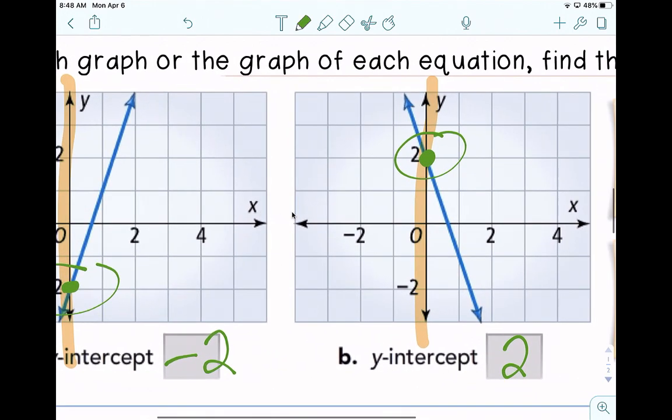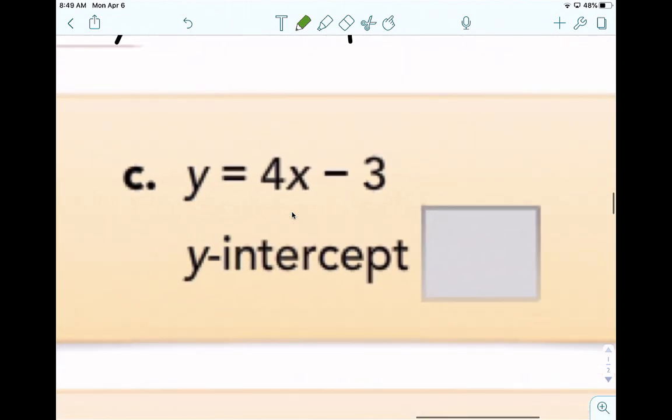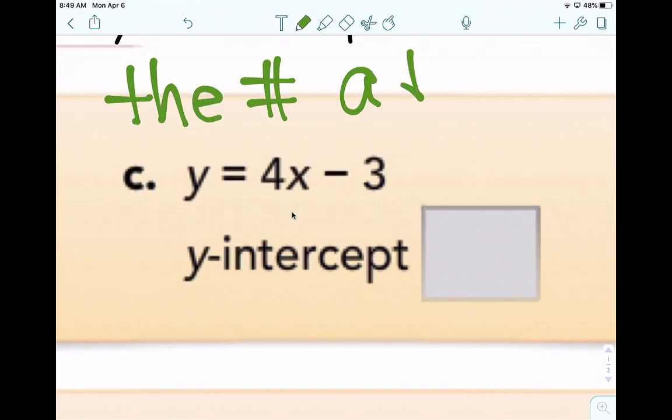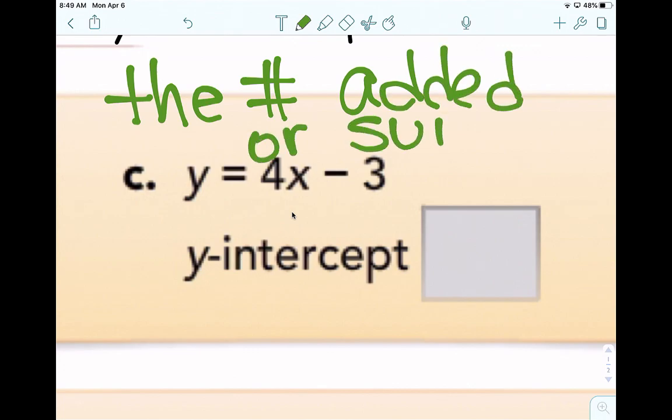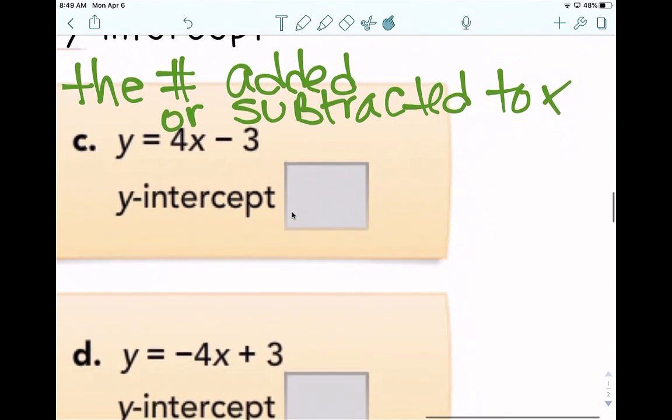So that's looking at the graphs. Now in equations. In an equation, it is the number added or subtracted to x.